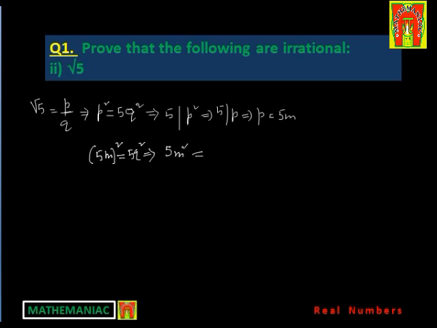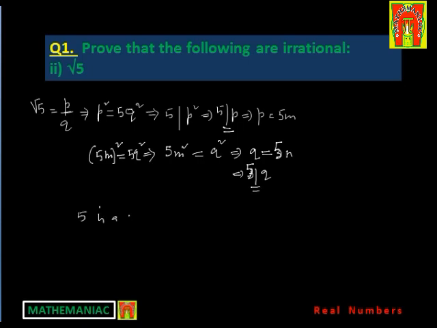Like the last problem, you can easily observe and compare. Last time it was 3. So this will definitely again say that q is equal to 5 times something, or rather you can say 5 divides q. So this is 5 divides p, this is 5 divides q.